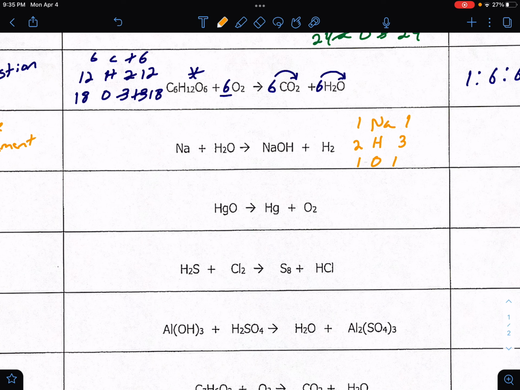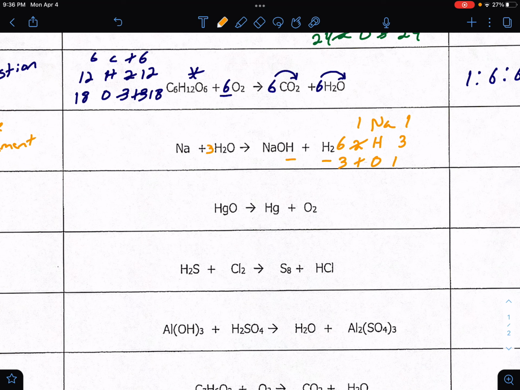But the only problem is I've got hydrogens in 2 places. If I need a number that can be divided by both 2 and 3, I would assume that would be 6. So I would multiply this by 3. That gives my hydrogens 6, but now my oxygens are at 3.